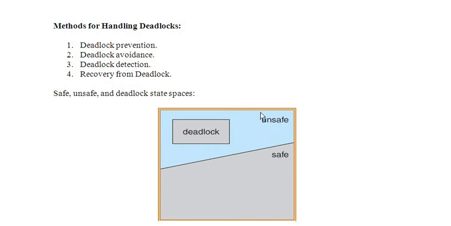I repeat, may or may not, but all deadlock state systems are in the unsafe state. In an unsafe state deadlock may or may not happen, but if you find a deadlock, then that deadlock always happens in the unsafe state, not in the other state.